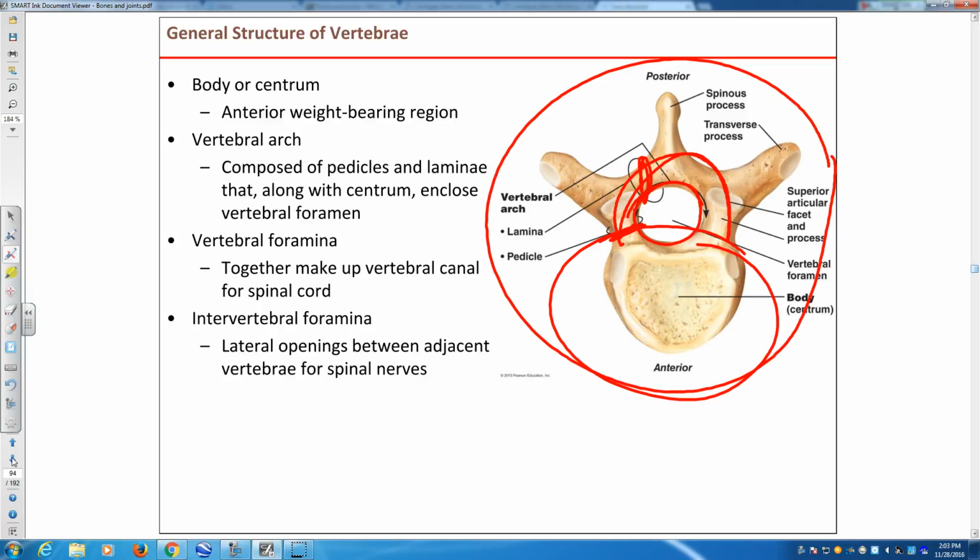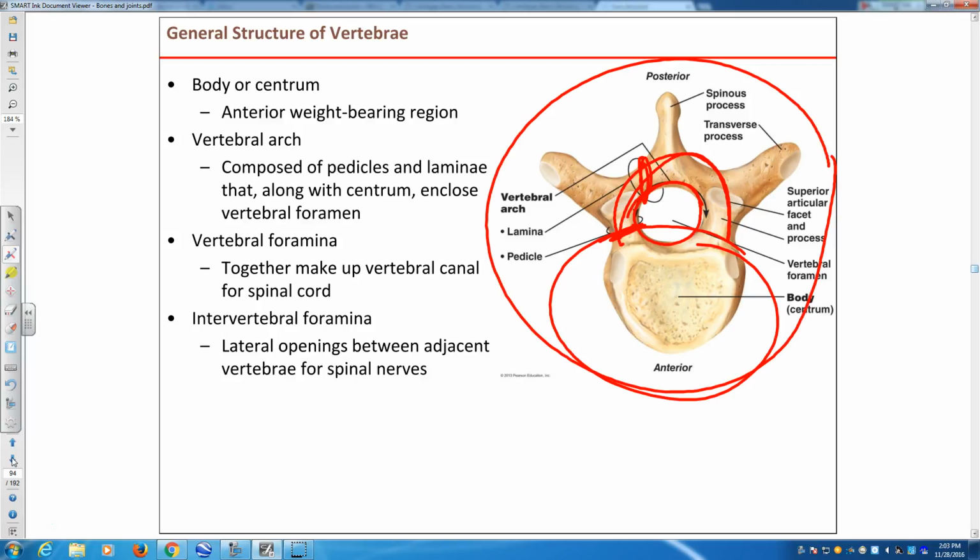Now, another foramen that can be found in the vertebral column is the intervertebral. To see it, you have to look at the column from the side. It's easier to show in this model. You can see those yellow thingies here. What are those? Any ideas? Spinal nerves.